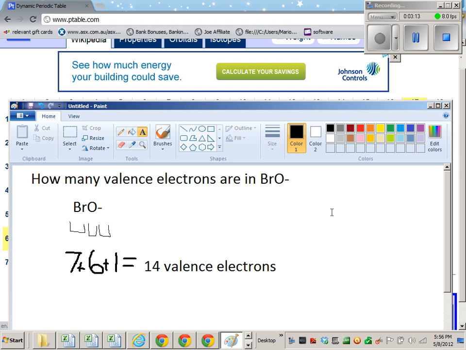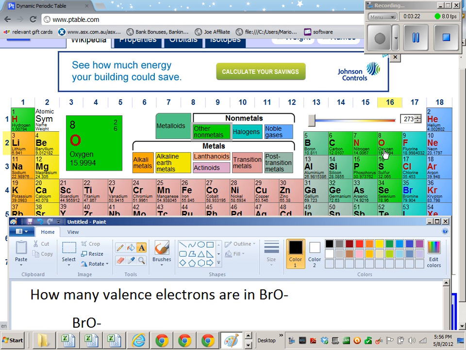To do so, we're going to use what's called the octet rule. The idea behind the octet rule is that these elements all want to have enough electrons surrounding them so that they have a noble gas configuration. So oxygen, which starts off with 6 valence electrons, actually wants to have 8 valence electrons. It wants to have the same number of electrons around it as neon. So if it can somehow share enough electrons so that it has 2 more electrons, it'll have 8 total valence electrons around it.